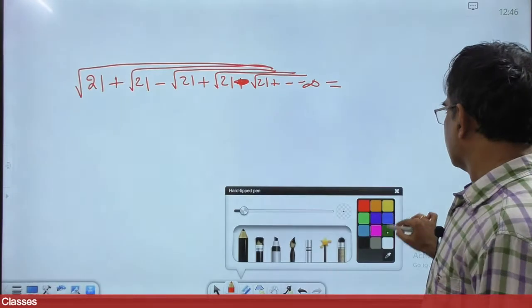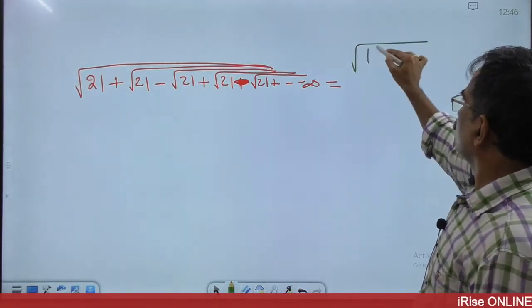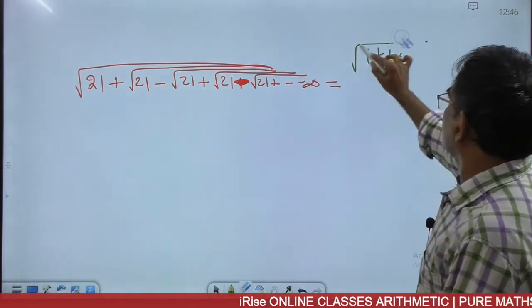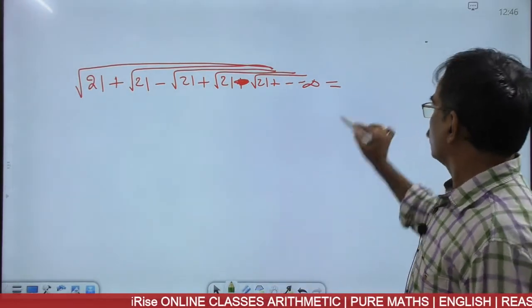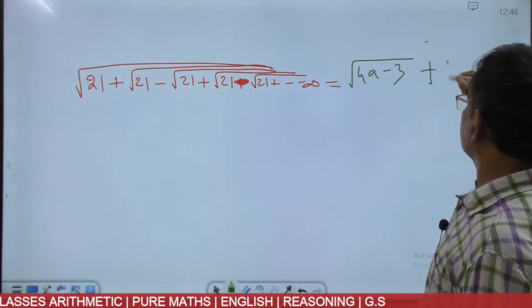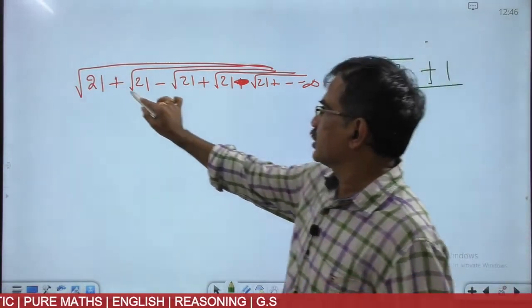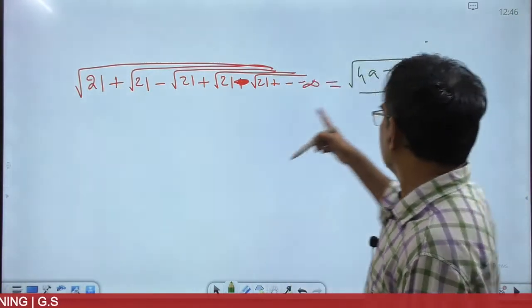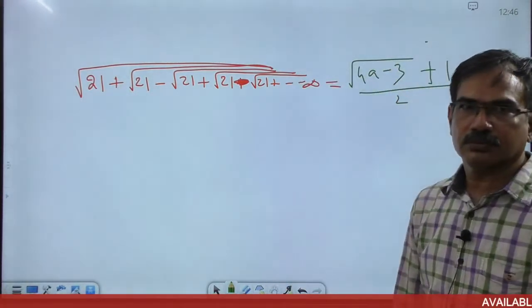The formula is root of 4a minus 3 plus 1 by 2. If starting with plus, we get plus here. If starting with minus, we get minus here.